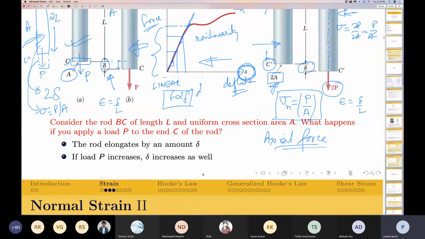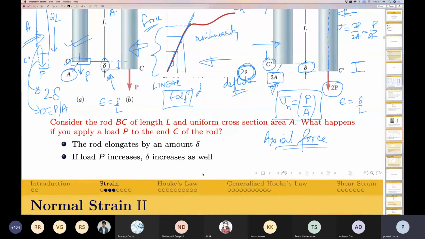So there is no difference between the line of action of the force and the axis of the member under consideration. If I apply the load in this manner, that load is known as an axial force. And under the action of axial force, the member is getting elongated along the axial direction.